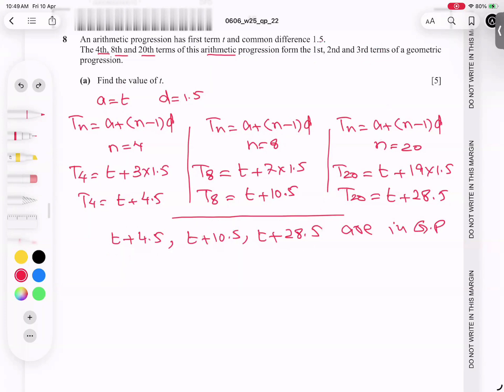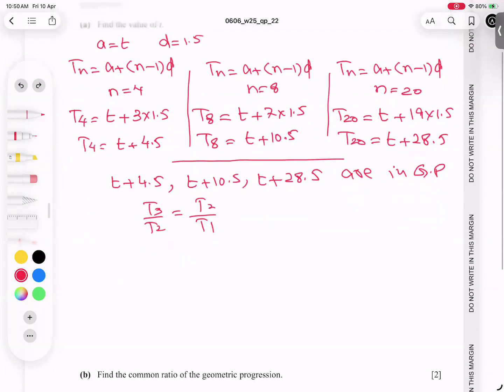And you know, students, we have a special criterion. What is that criterion? It is when 3 terms are in geometrical progression. So I'm writing here T3 up over T2 down, equals T2 up over T1 down.